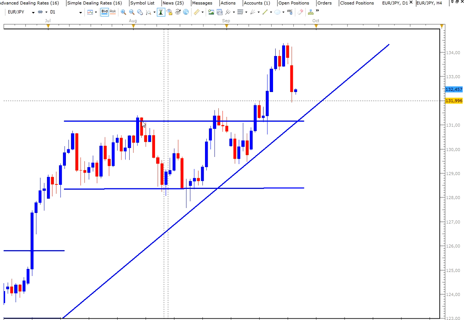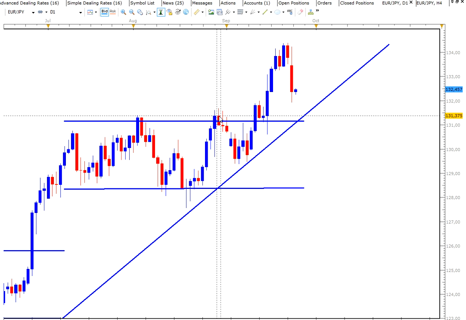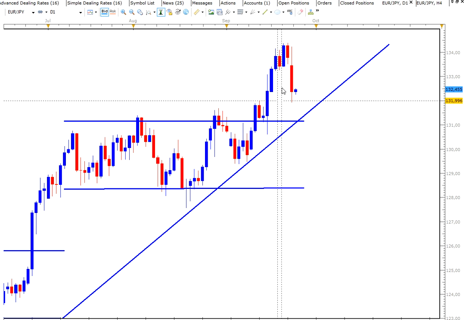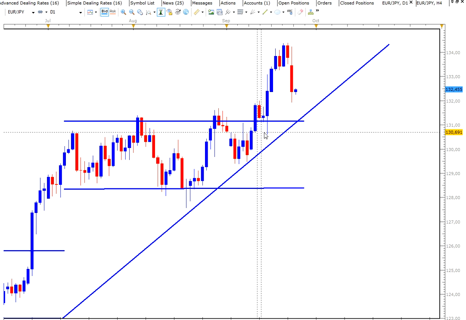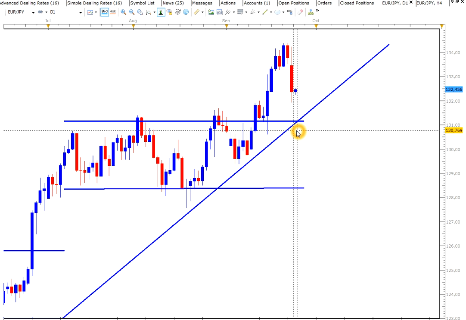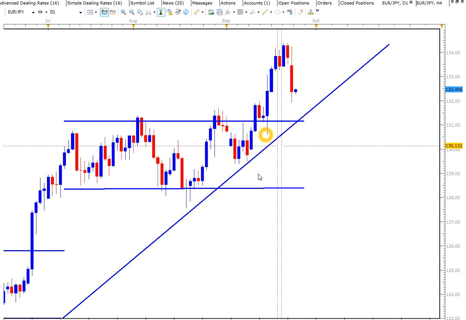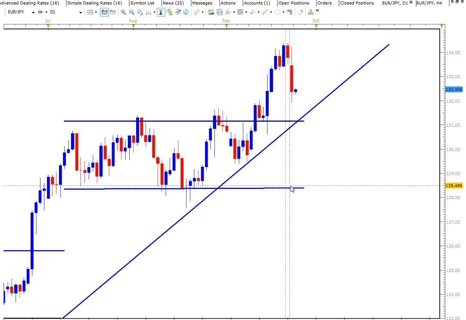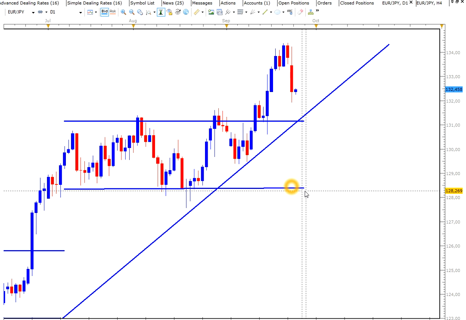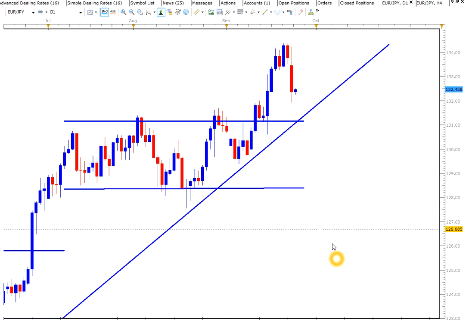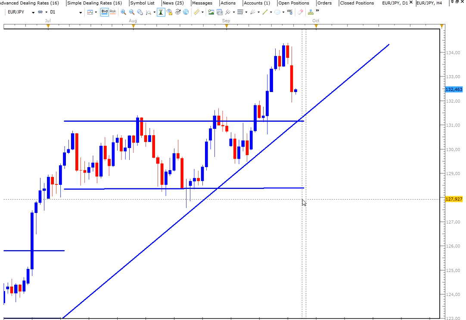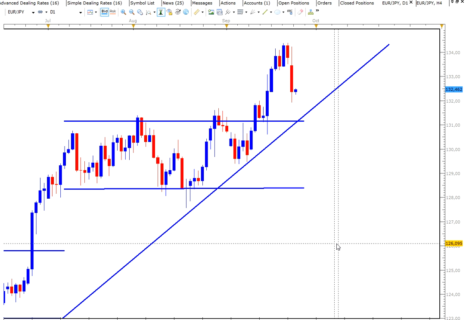Third way would be in the form of a false consolidation breakout reversal, where we would need to see this reversal continue and take us below this resistance boundary, which would indicate that the market is at least going to head towards the support boundary and possibly start a breakout below this area here to then continue this trend reversal.